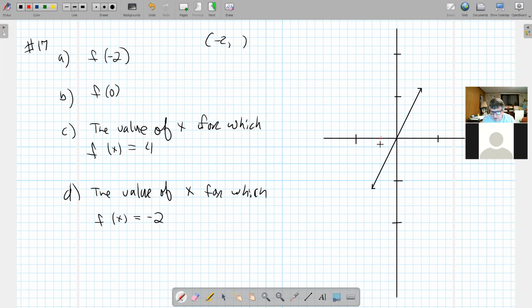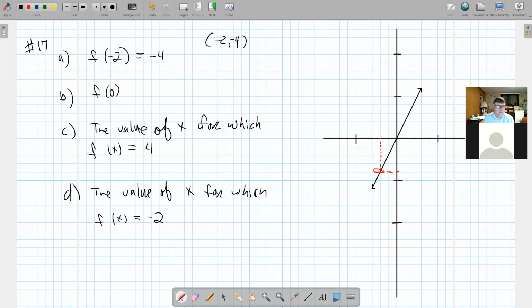Right there is a point with an x value of negative 2. What is the corresponding y value? It's negative 4. So for this graph, f of negative 2 is negative 4. Any questions on that?